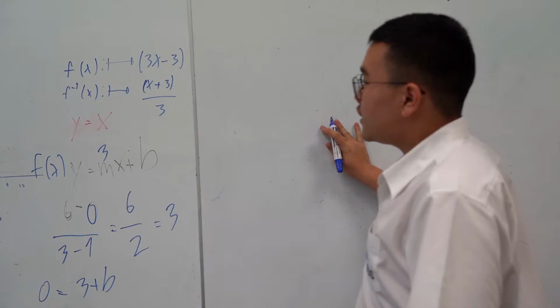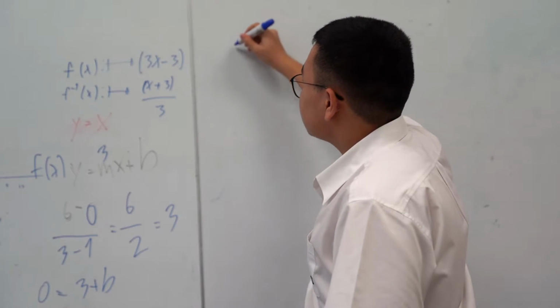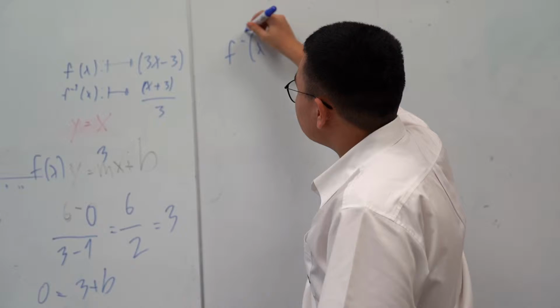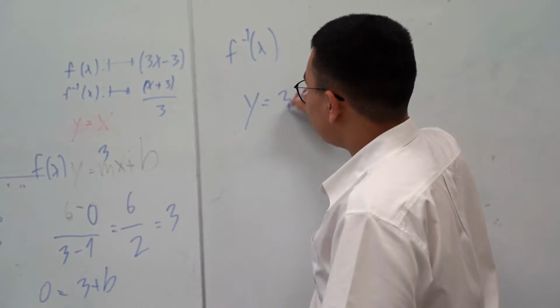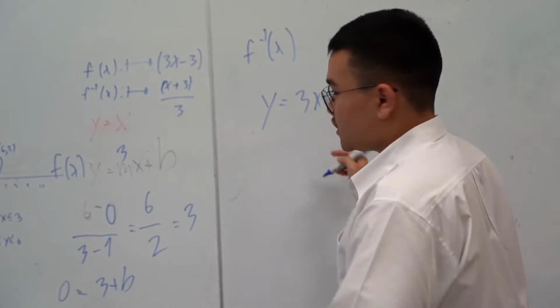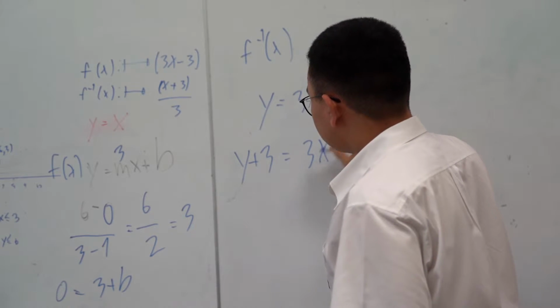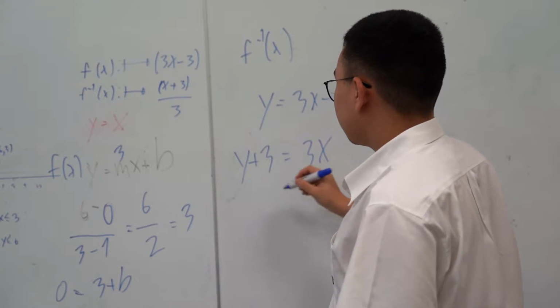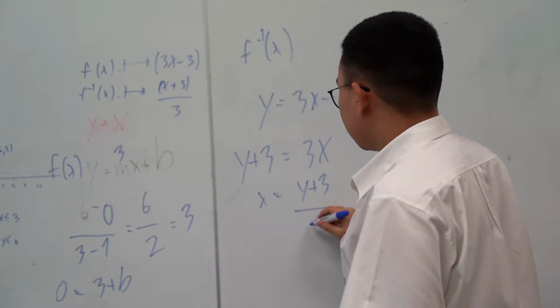Next, to find the inverse function, we already have f(x), so we just put y equals 3x minus 3. We change the sign: y plus 3 equals 3x. Then x equals (y plus 3) over 3.